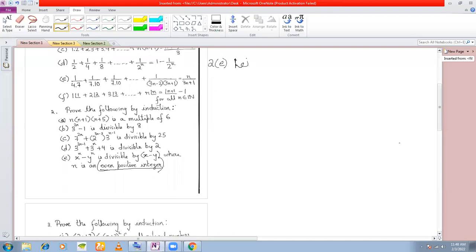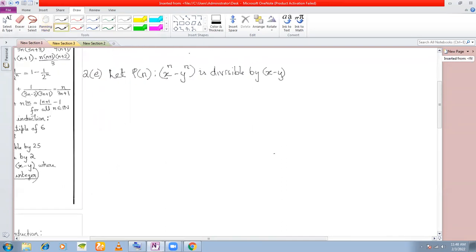We start by saying let Pn: x to the power of n minus y to the power of n is divisible by x minus y, where n is an even positive integer or an even natural number.